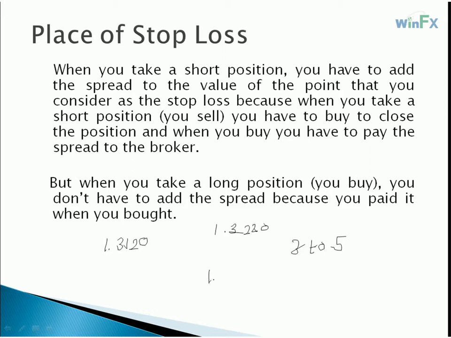That makes the stop loss somewhere around 1.3220, which is the resistance, plus 5 pips above the resistance, plus 8 for the spread, which makes a total of 1.3233. So 1.3233 is the stop loss position of my trade.